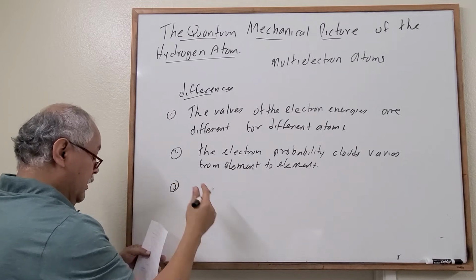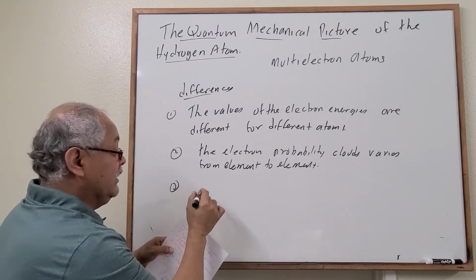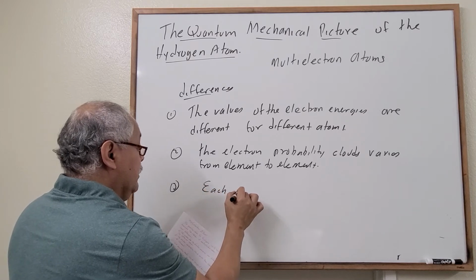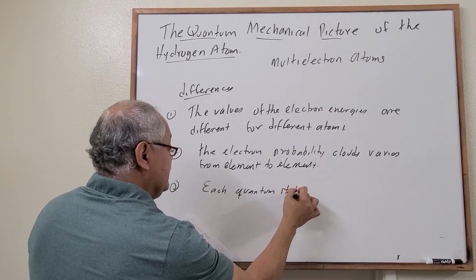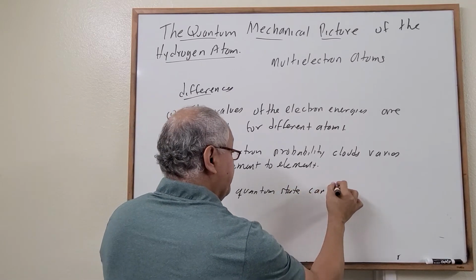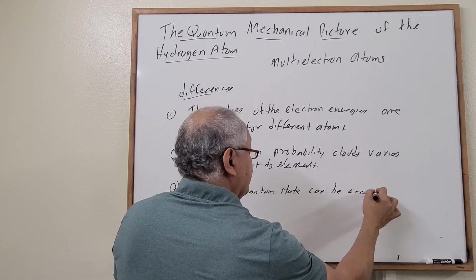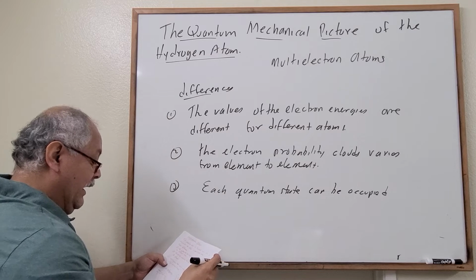And three, this is very important: each quantum state can be occupied by only one electron.